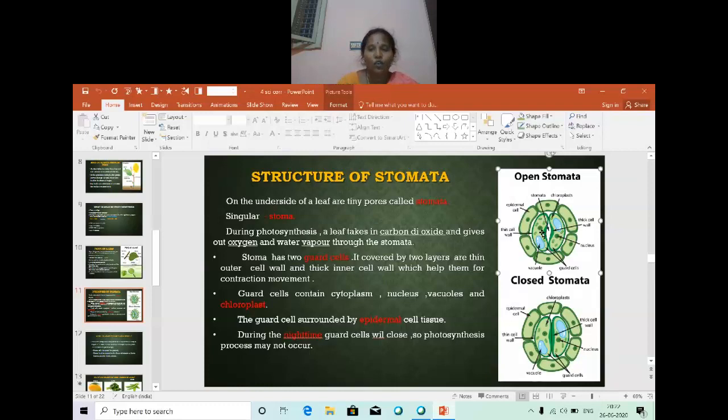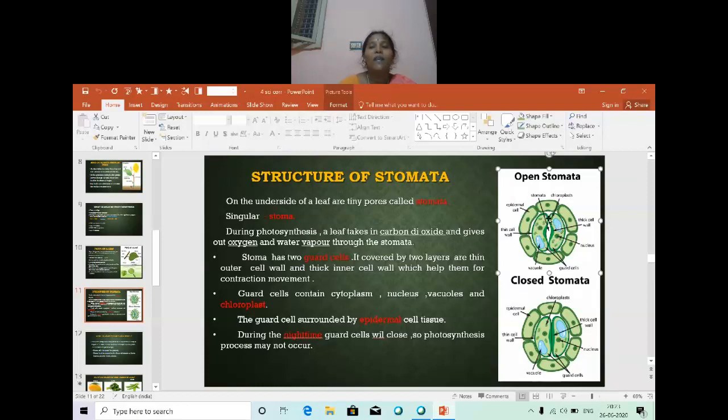So they send out the extra water through the stomata hole as water vapor. Water vapor is the gas form of water.